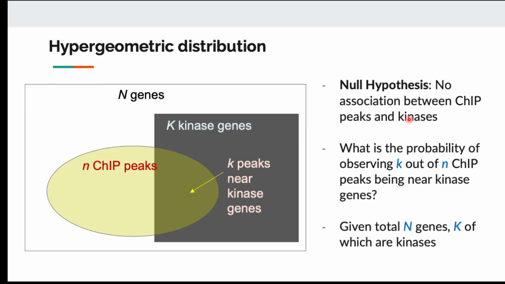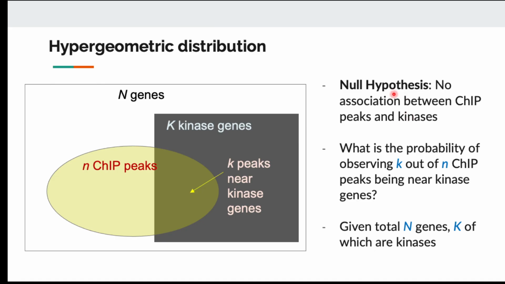So let's say the treatment that we are putting into the cells causes some change in epigenetics. And the null hypothesis is that this change in epigenetics is not related to kinases. It doesn't upregulate or downregulate kinases. So this is our null hypothesis.